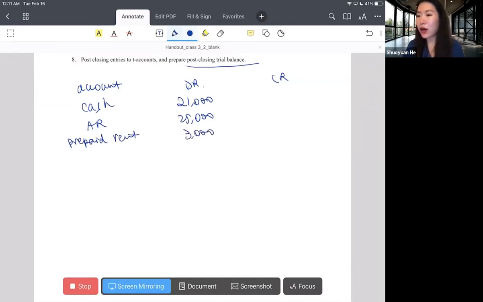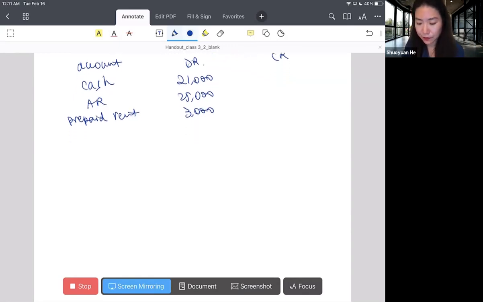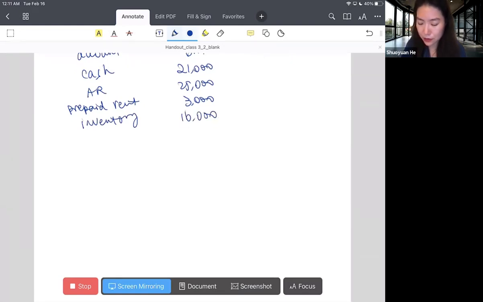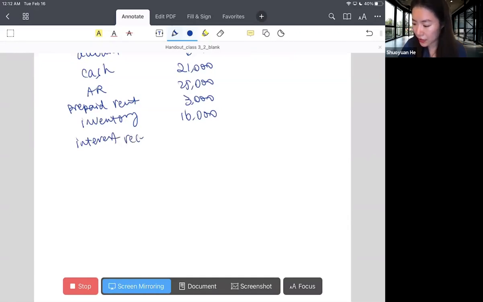Basically almost all of your permanent accounts except retained earnings will be the same as before. Your retained earnings will be different and all of your temporary accounts will be gone. Inventory, 16,000. Interest receivable, 100.